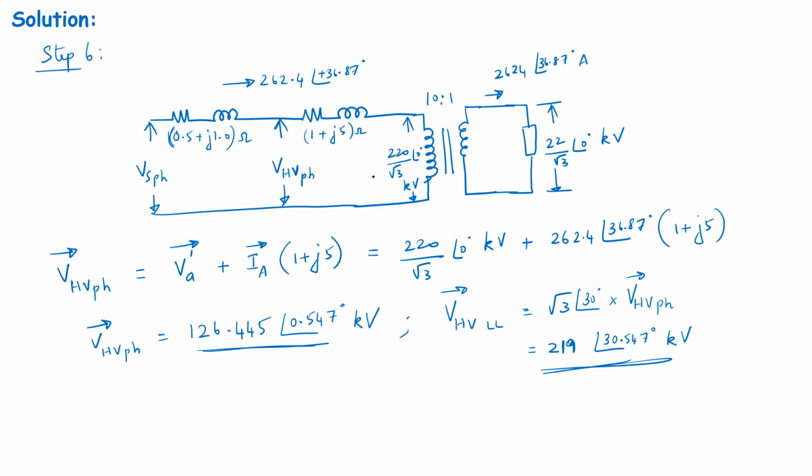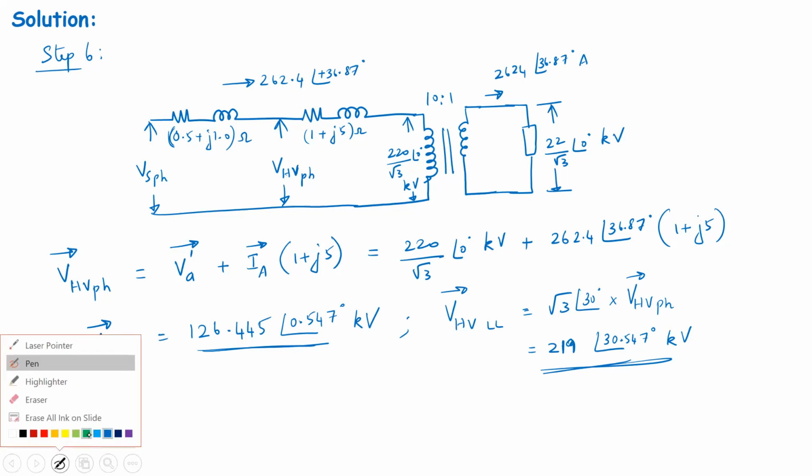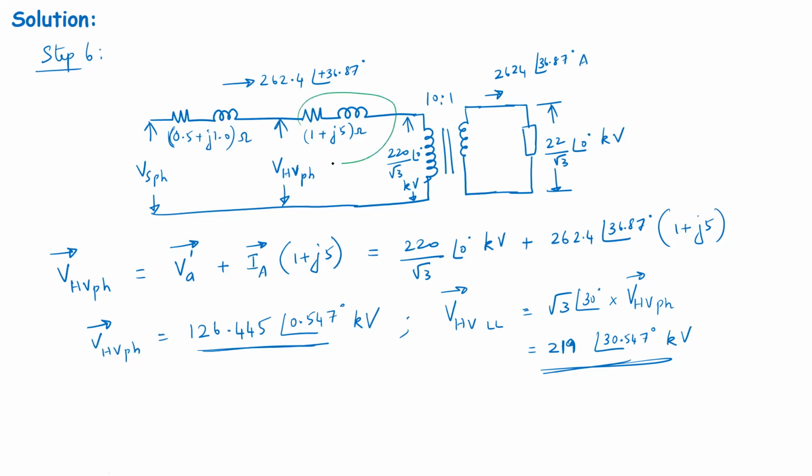Or the line to line voltage would be 220 kV itself under ideal circumstances. But because we had introduced this equivalent impedance in series, because of this circled impedance, we expected the VHV should be greater than 220 kV. But we are getting an answer of 219 kV.